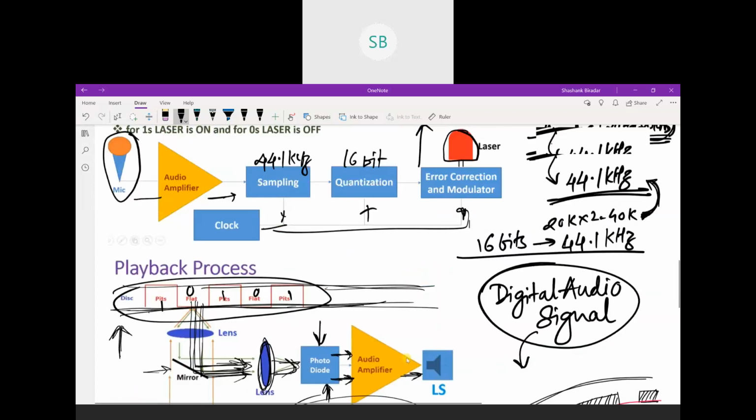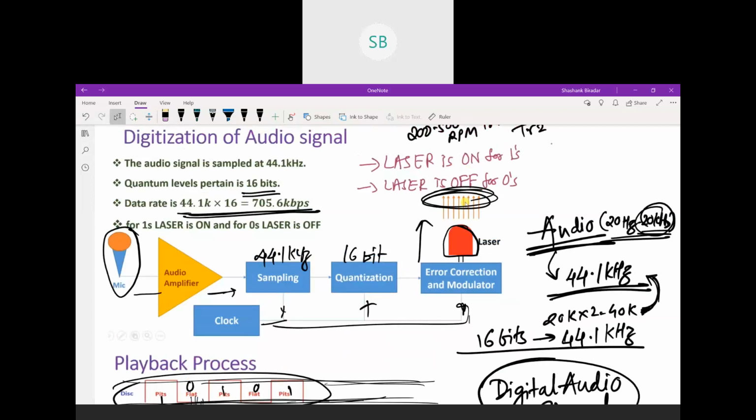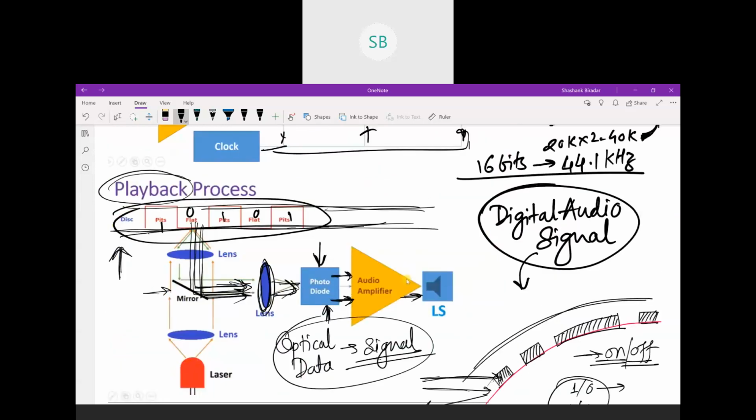How are we doing it? We convert analog into digital and then optical and then write the data on the disk, which is physical. The exact reverse process we perform during playback. This data is physically present.